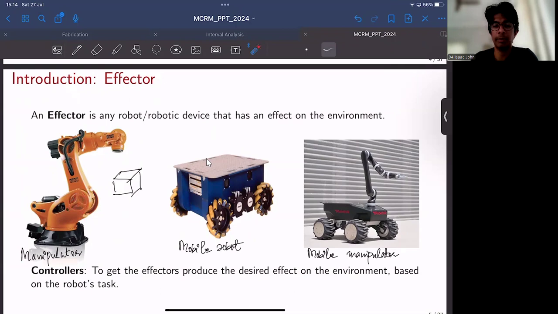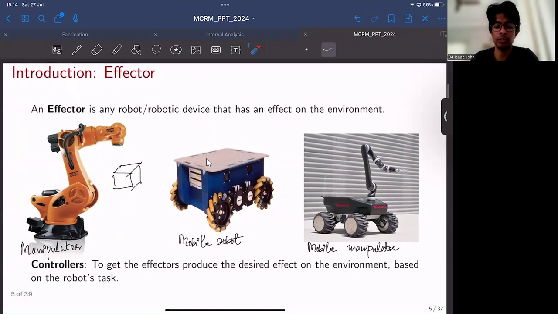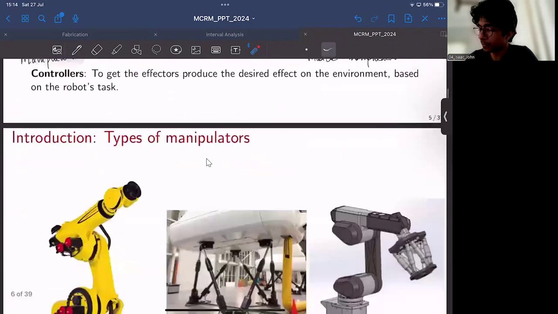All these things make the robot move in an unpredictable fashion, and the controller essentially ensures that it strictly tries to follow what it has been commanded to. That's what controllers are about. We will discuss more about controllers in the second half of this course.